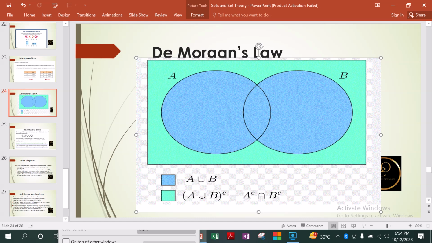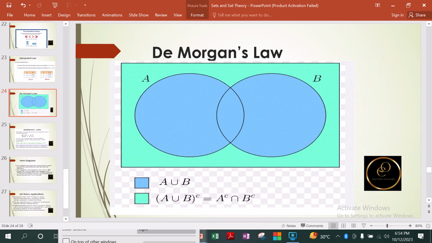So let's look at this one. What does this mean? We have A union B, fine. A union B complement is this shaded part outside these two circles.